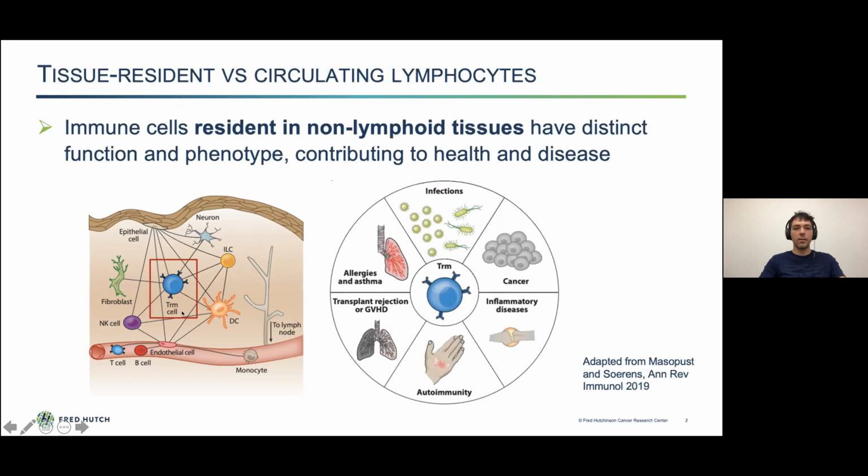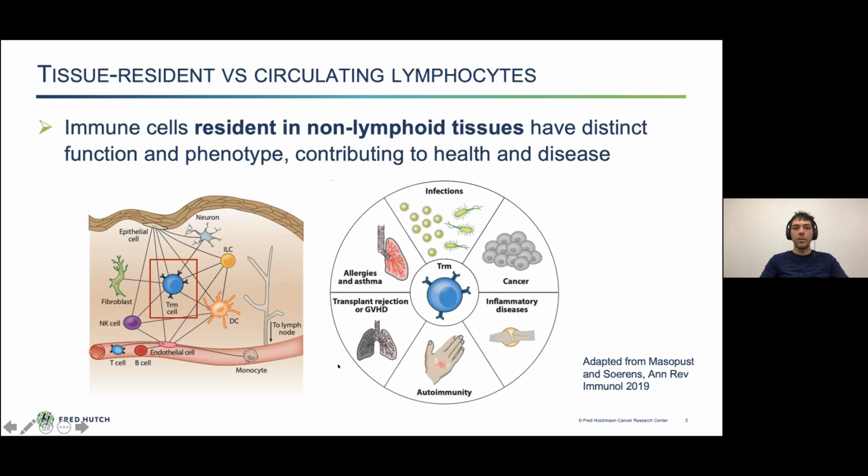So TRM cells are basically memory T cells that have taken residence in a given non-lymphoid tissue, and by now there is a large body of evidence that shows that TRM cells are very different to their circulating counterparts, and that they adopt functional and transcriptional profiles that are specific to the tissue that they are residing in.